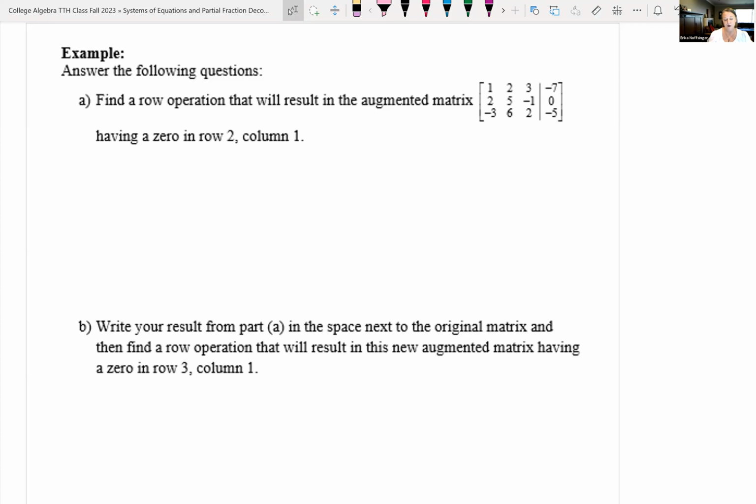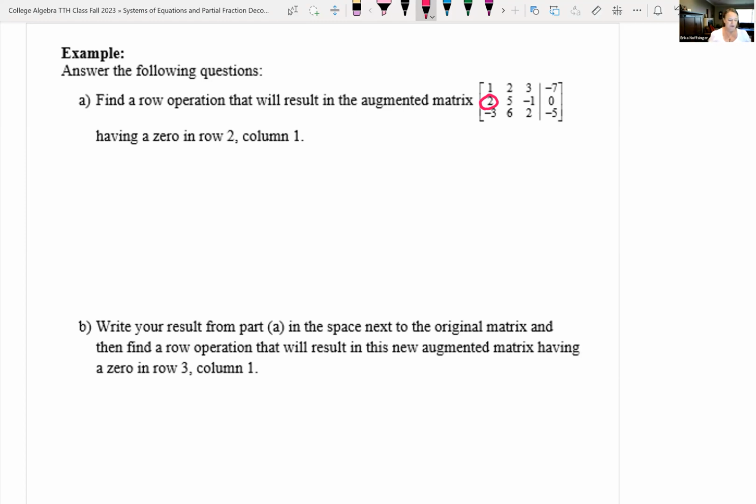Our second row is 2, 5, -1, then 0. Our third row is -3, 6, 2, and -5. So it wants us to look at the operation that we would need to do to make row 2, column 1, which is this 2 here, a 0.